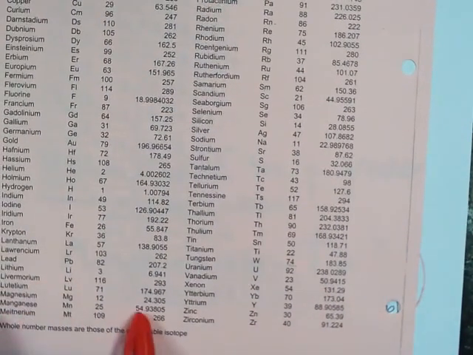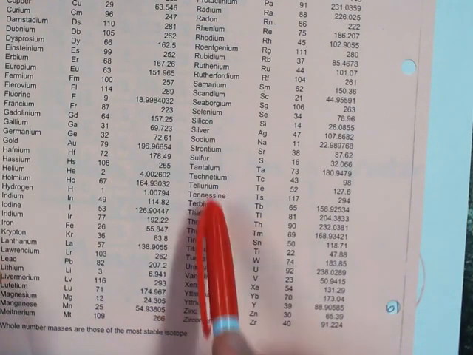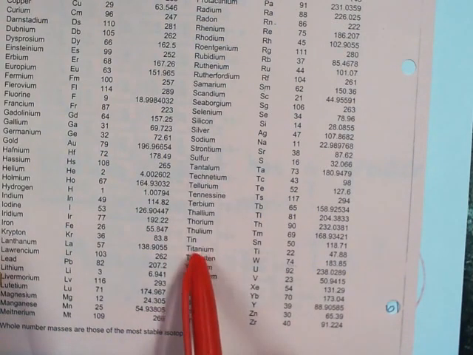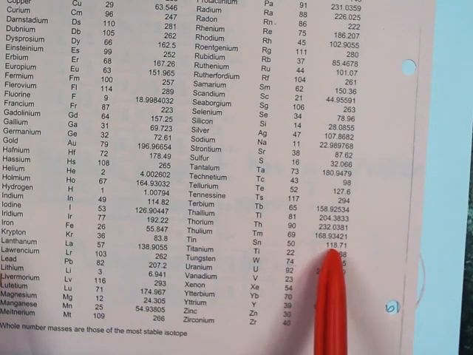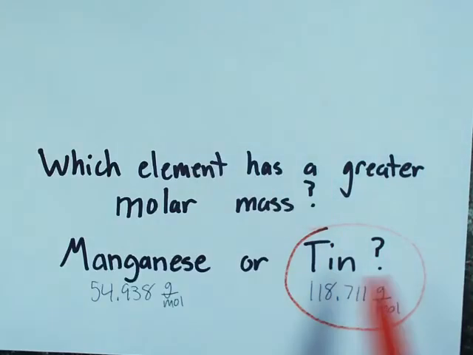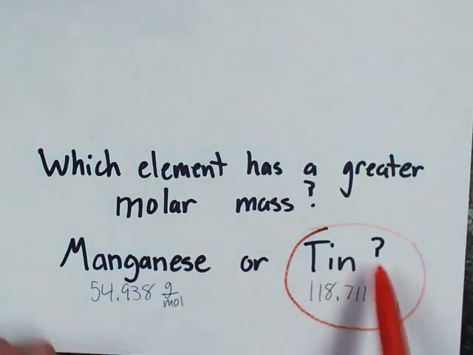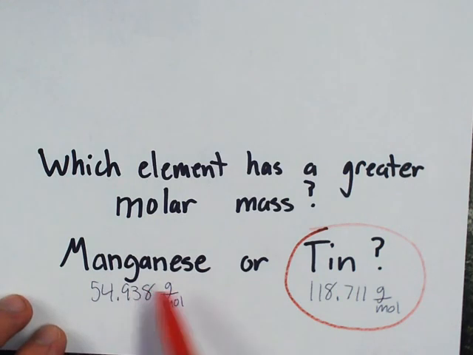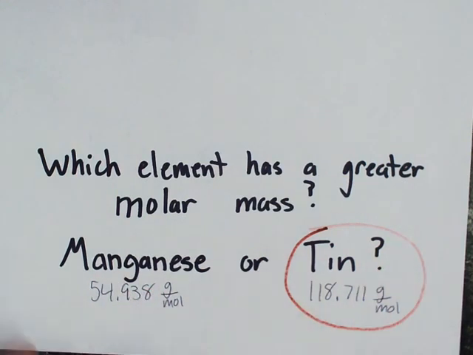Atomic mass and molar mass have the same value. So for manganese it's 54.93, and for tin it is 118.71. They just chopped off a digit that we didn't. But we can see there, if we need help finding it, that tin has the greater molar mass.